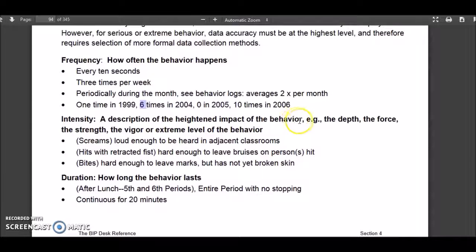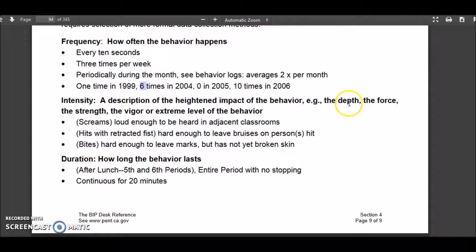So you want to discuss the depth, the force, the strength, or the vigor or extreme level of the behavior. So for example, if you're going to say that the student screams, how loud does the student scream? Is it just heard by his peers in the same class, or is it loud enough to be heard in adjacent classrooms? If he hits, how hard does he hit?